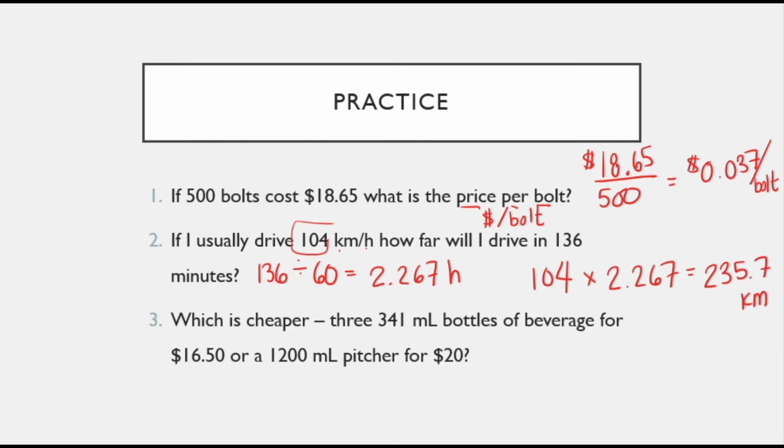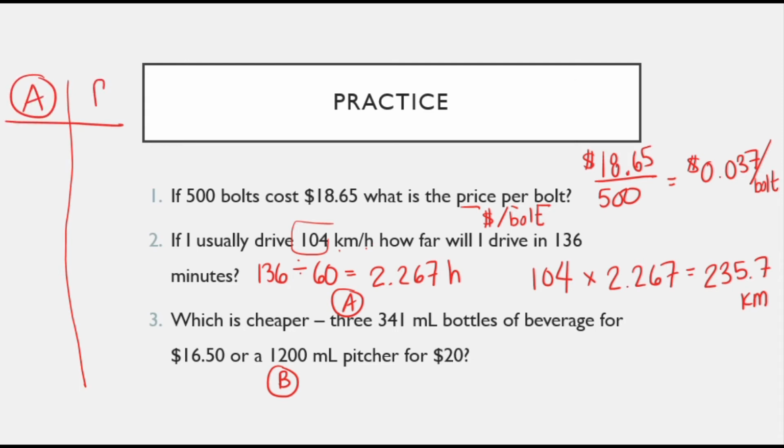Price comparison. Okay, so we're going to have situation A, the 3 bottles, versus situation B, which is the pitcher. You can work this out a couple of ways. First thing, how much does it cost for a milliliter?